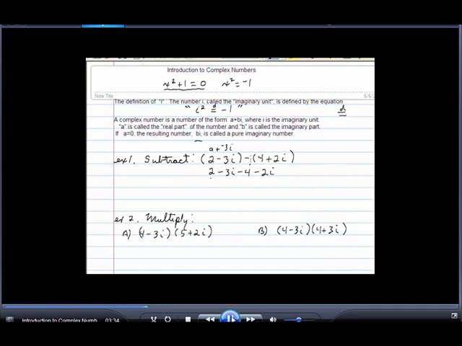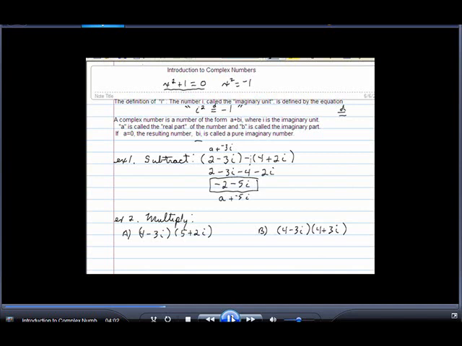My two real parts are 2 and negative 4. When I combine them, I get negative 2. My two imaginary parts are negative 3i and negative 2i, so when I combine them I get negative 5i, so my final answer is negative 2 minus 5i, and that is in the form of the complex number a plus negative 5i. So that is in standard form of a complex number.